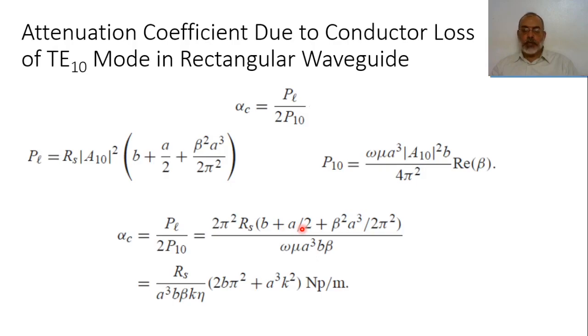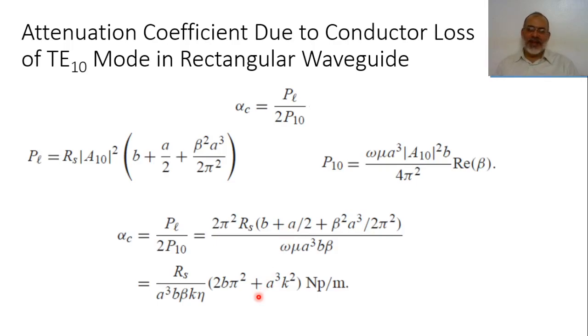And we know that pi over a is kc, not k. We can arrange it like this. I'm not sure.